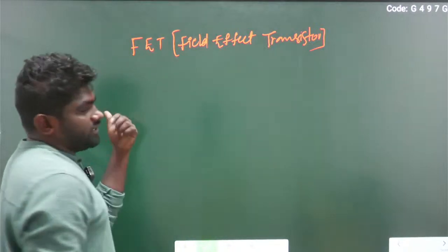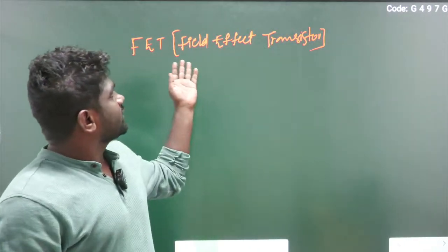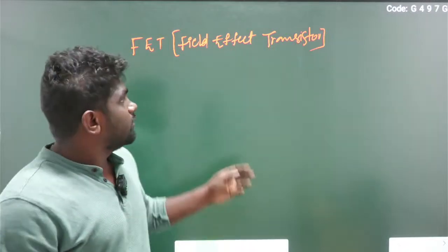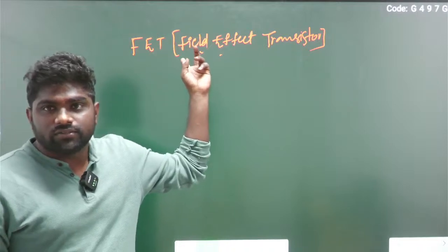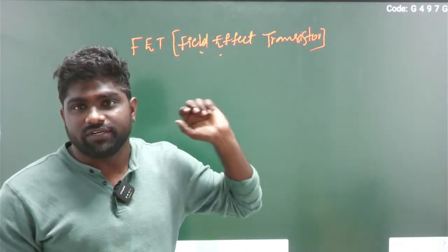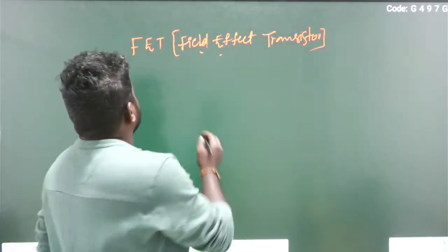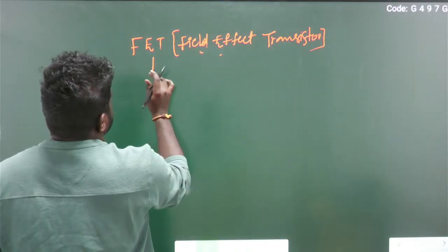So FET is called field effect transistor. Why is it called field effect transistor? Because of this field effect, FET current is flowing.